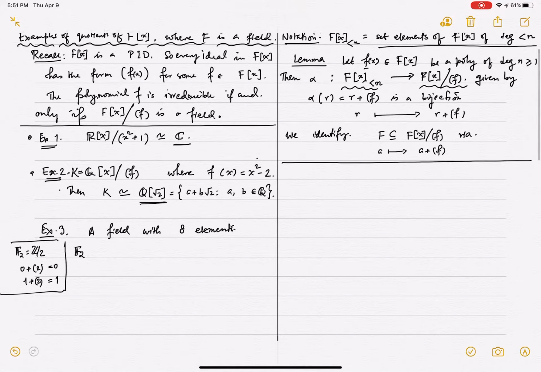So we take F2[x], and in F2[x] we consider the polynomial f to be x cubed plus x plus 1.